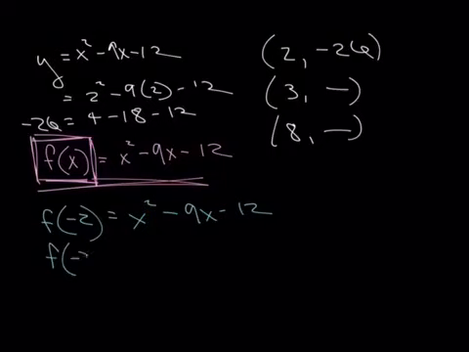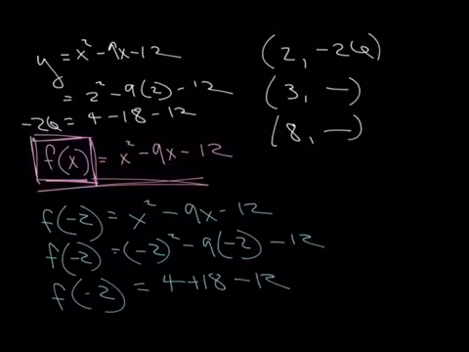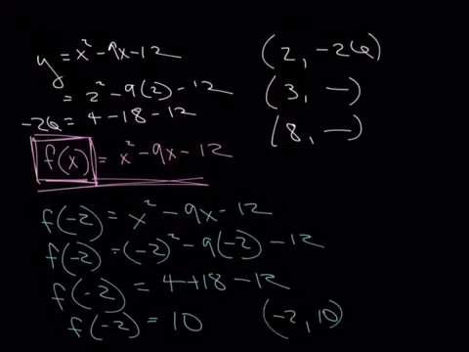So f of negative 2 equals negative 2 squared minus 9 times negative 2 minus 12. So f of negative 2 equals 4 plus 18 minus 12. So f of negative 2 equals 10. So whenever x is negative 2, y, or f of x, is going to be 10.